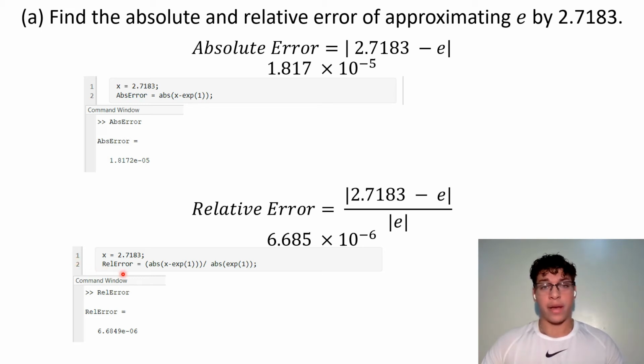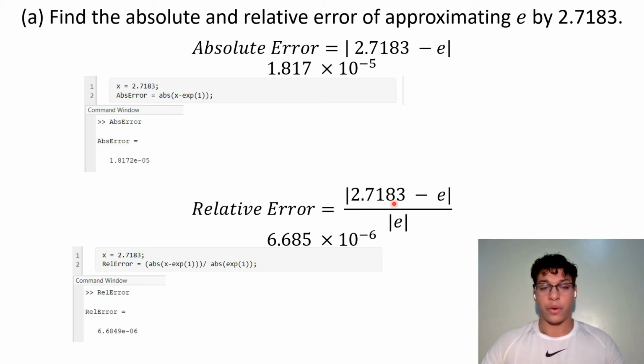The relative error equation would be absolute value x minus exp of 1, and we would put all those in parentheses and divide it all by the absolute value of exp1, which is once again Euler's number to the first power. We'll go over to the command window, REL error, as I computed it in my programming, and we would get the answer 6.685 times 10 to the negative 6th power.